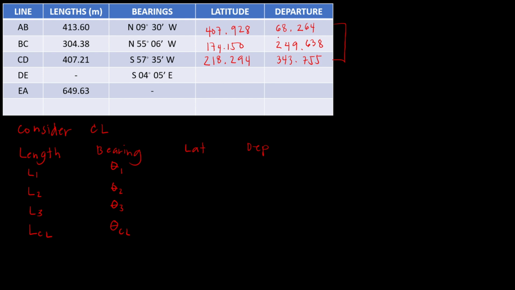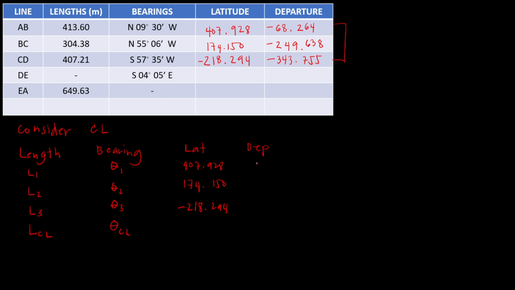Yung mga sign pala: dito negative, negative, negative, and then dito positive, negative. Dito, 407.928. Ito, 174.150. Tapos negative 218.294.